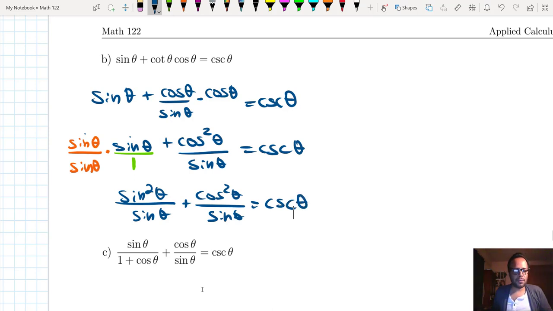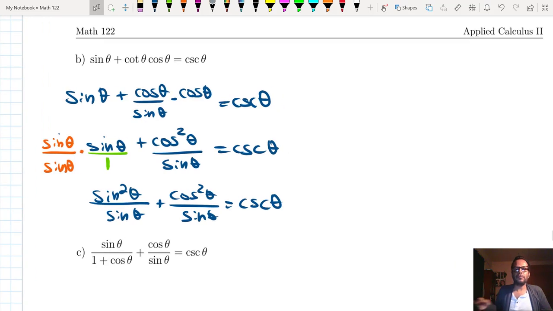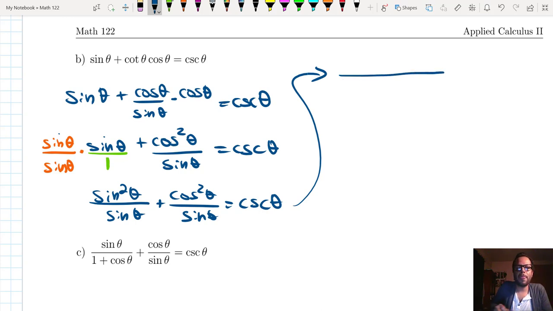Okay, notice at this point we have the same denominator, so we are able now to combine these fractions together. I'm going to continue over here and write a big fraction, and do the indicated operation, sine squared plus cosine squared divided by sine.